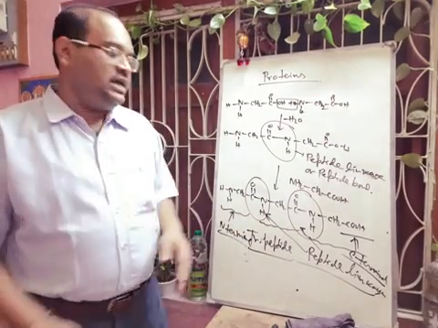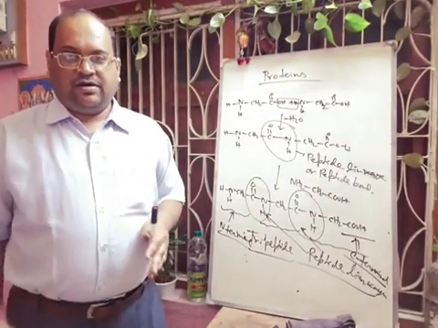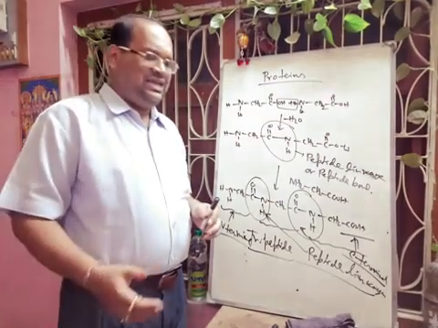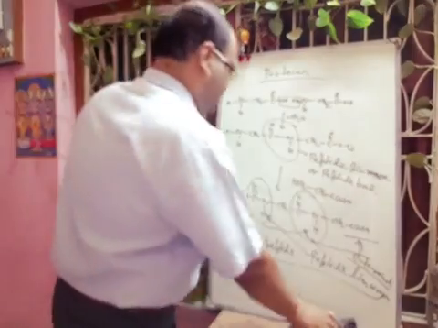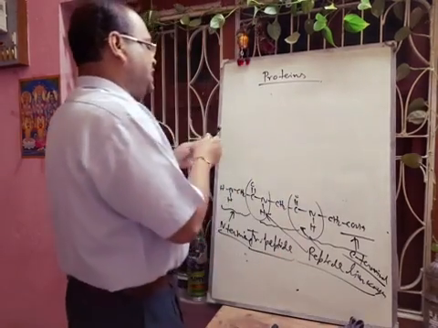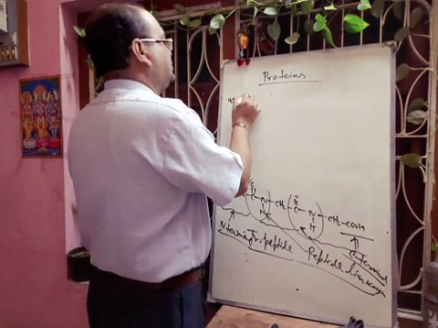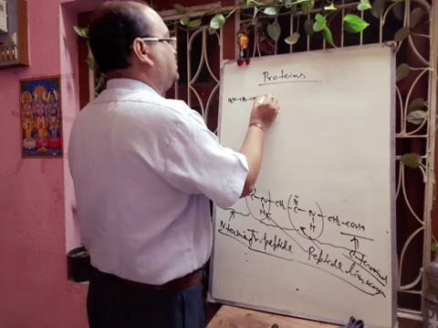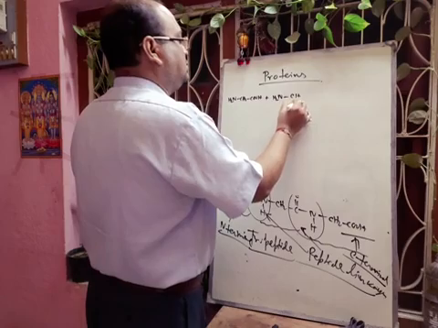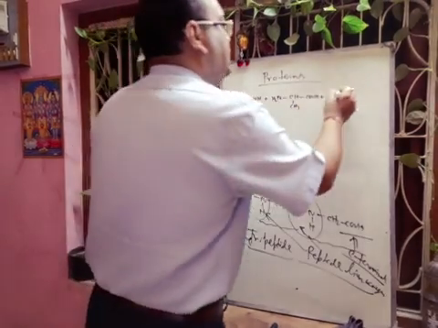Suppose here I show you different types of amino acids forming a polypeptide linkage, then you can easily understand: glycine, plus alanine, and another is serine.